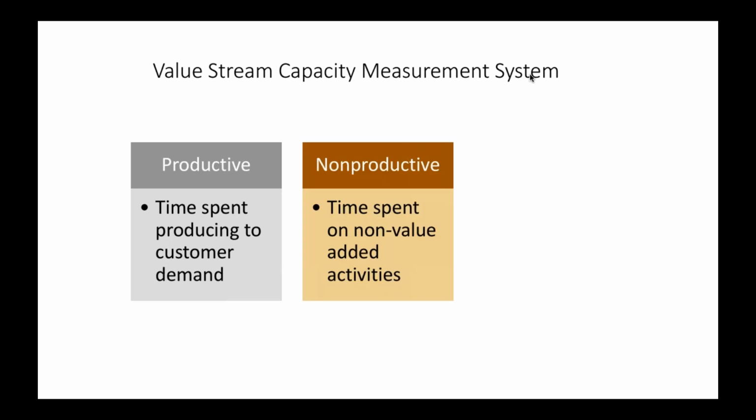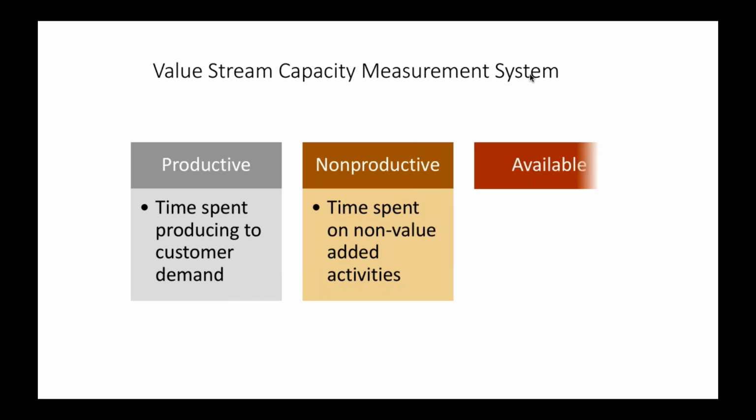So productive capacity is defined as producing to customer demand. Not overproduction, not producing any product, but just producing to demand. Everything else is considered non-productive. So this would be all of the waste in the process. This would also be things like overproduction.